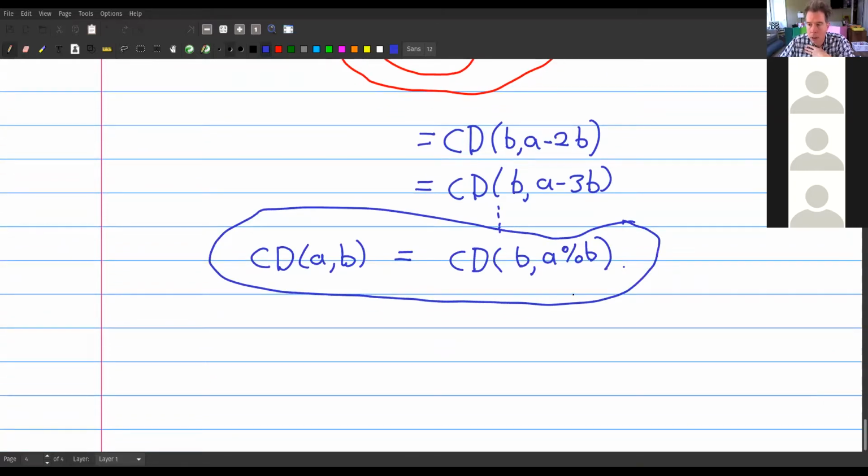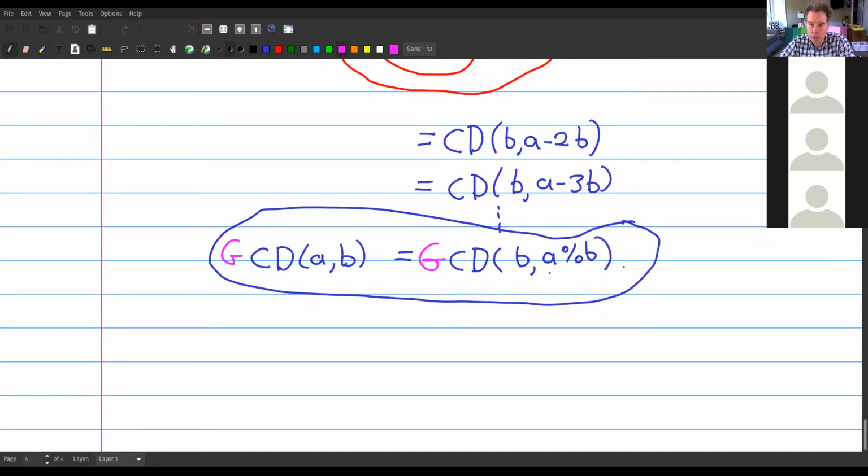So you can just add a G here. The biggest one in that set must also be equal to the biggest one in that set. So the greatest common divisor of a and b is equal to the greatest common divisor of b and a mod b. So this is basically Euclid's algorithm.